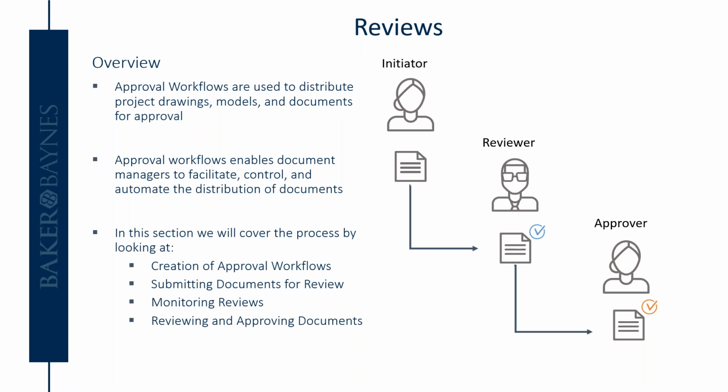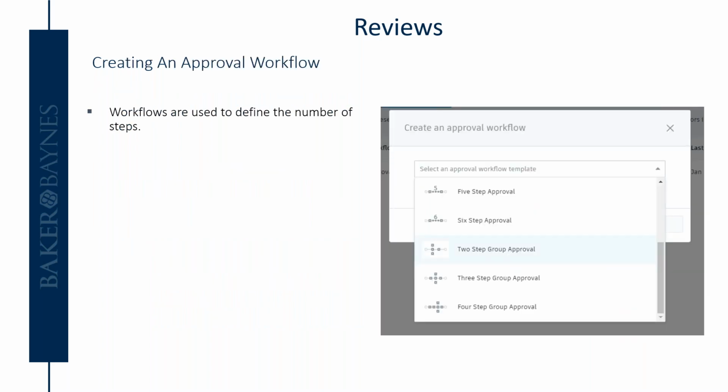You can monitor these reviews. You can submit documents for reviews, and you can go and create different workflows. A lot of these workflows, if you see in terms of creating it, have a different step process. So there's a 5-step approval, a 6-step approval, there's a 3-step group approval. That can get very complicated. I wouldn't say go and create a 4-step group approval.